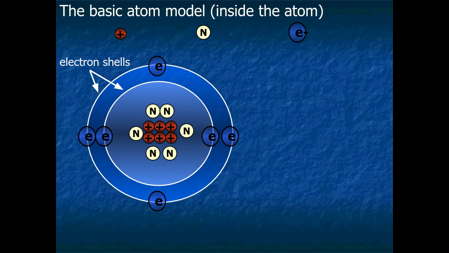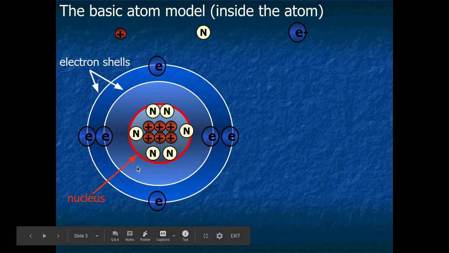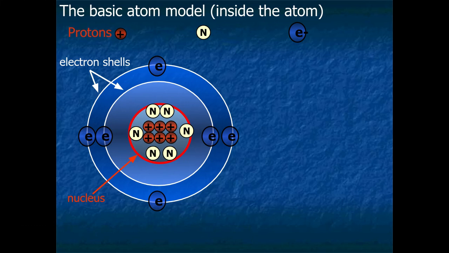If we look at what we call the subatomic particles, which are the particles that are inside of the atom, we can start with these little plus charged subatomic particles. These are known as protons, and the protons are located within the nucleus, and the nucleus just represents inside of the atom. So we have protons, which are positively charged particles.